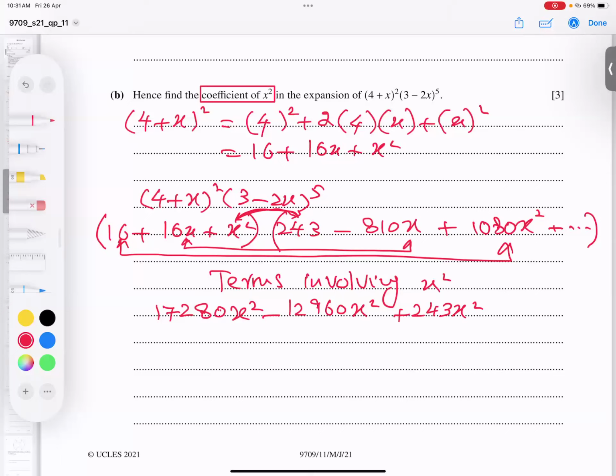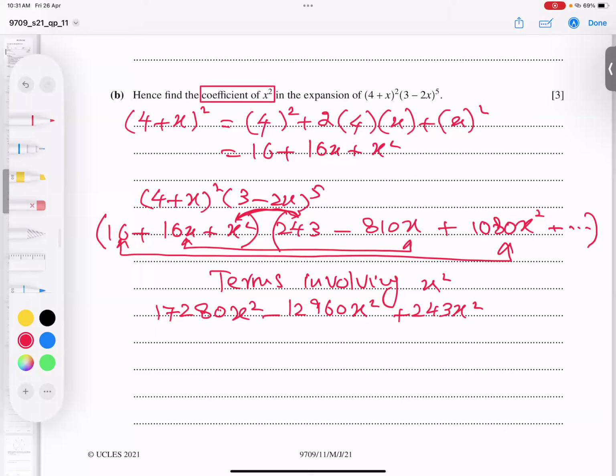Finally, let me check once again, students. 16 times 1080, and minus, yes, let me recheck, this is correct.